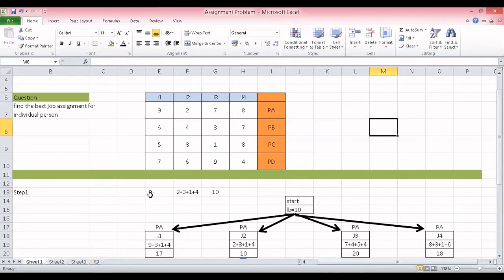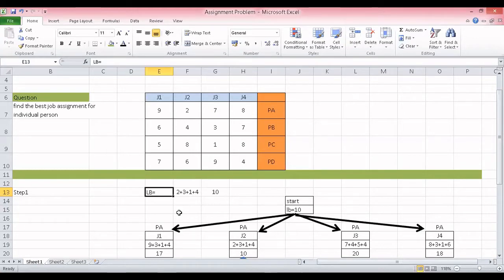Step 1, we are calculating the lower bound and upper bound. I already told you what lower bound and upper bound are. In a few problems we need to calculate the upper bound, and in a few problems we need to calculate the lower bound. That depends upon the question being asked.